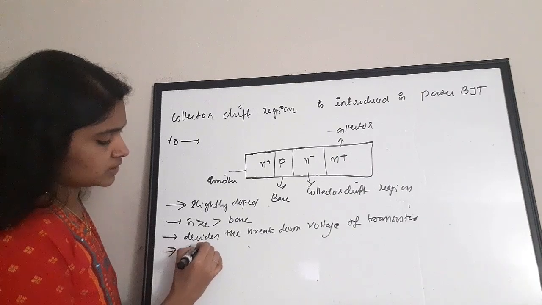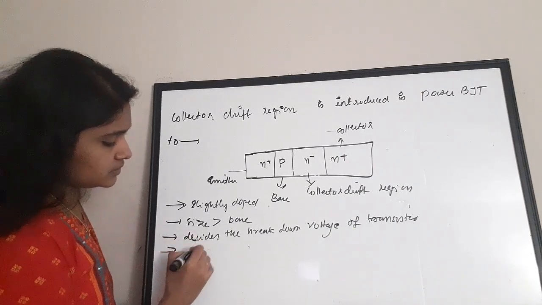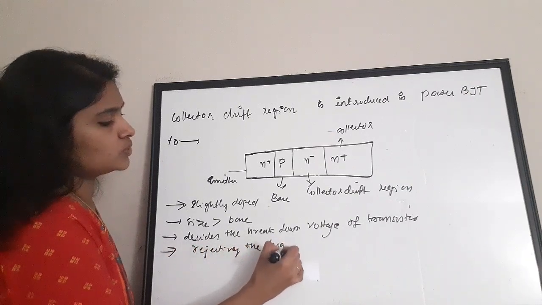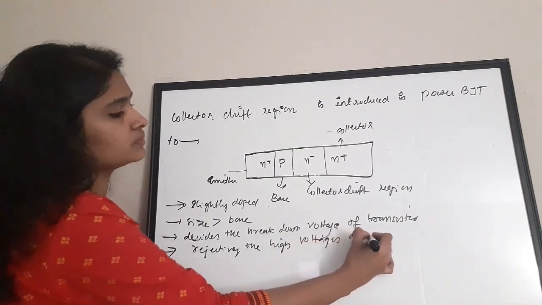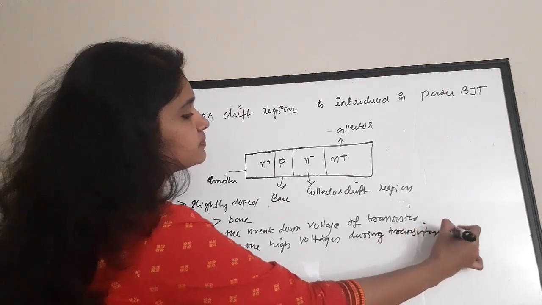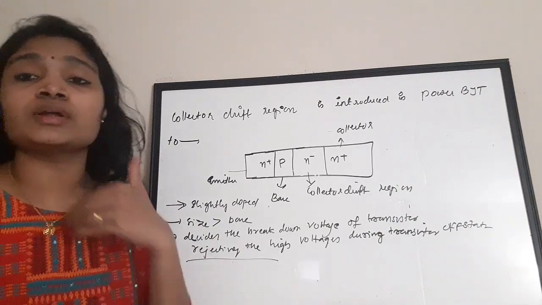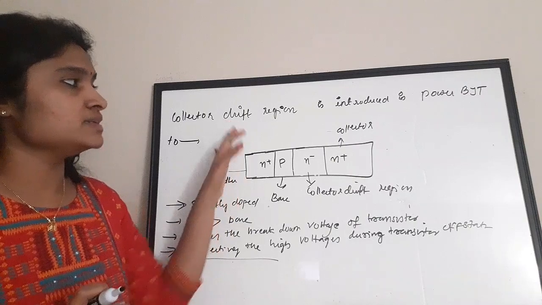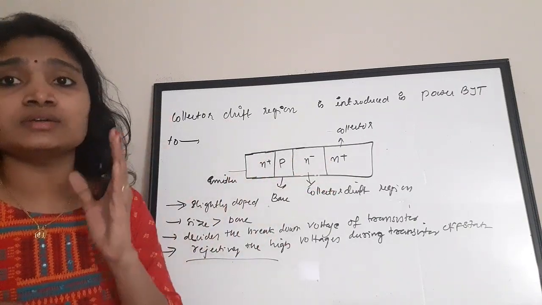It is used for cutting off or rejecting the high voltages during the transistor off state. So the answer for this question is this: it is used for cutting off or rejecting higher voltages when the transistor is off. That is the main function of this N minus region, and this region is called the collector drift region.